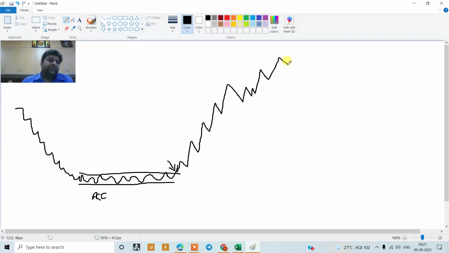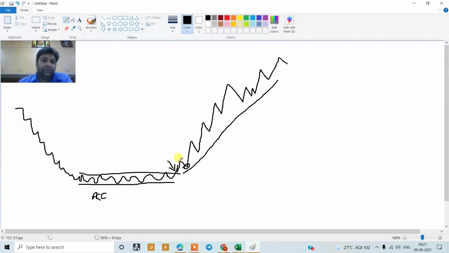So this is basically known as an uptrend. If you put a trend line over here, the stock keeps going up with higher highs and higher lows. This is what you call an uptrend. In life cycle language, we will call it the advancing stage. Now this is where we want to be.